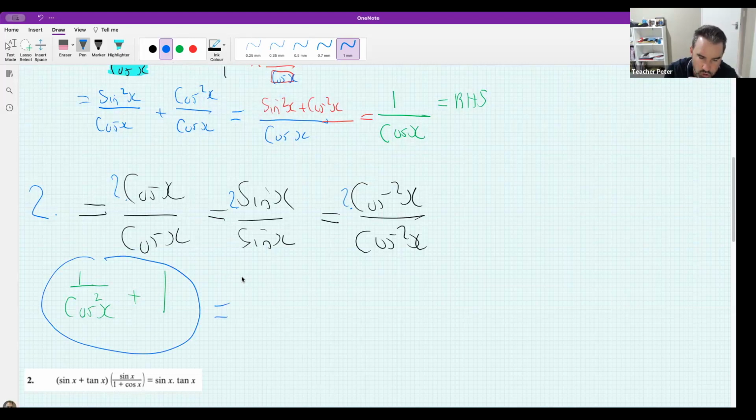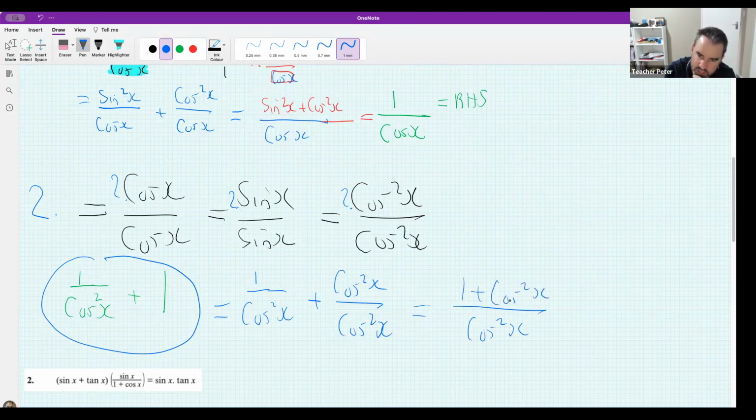What you would do to start with is you would force the 1 into the form that you want. Okay, so that's great because your denominators are the same. And then you would say, well, look, this is the same denominator. So now on the top, I get that. So that is a common idea.